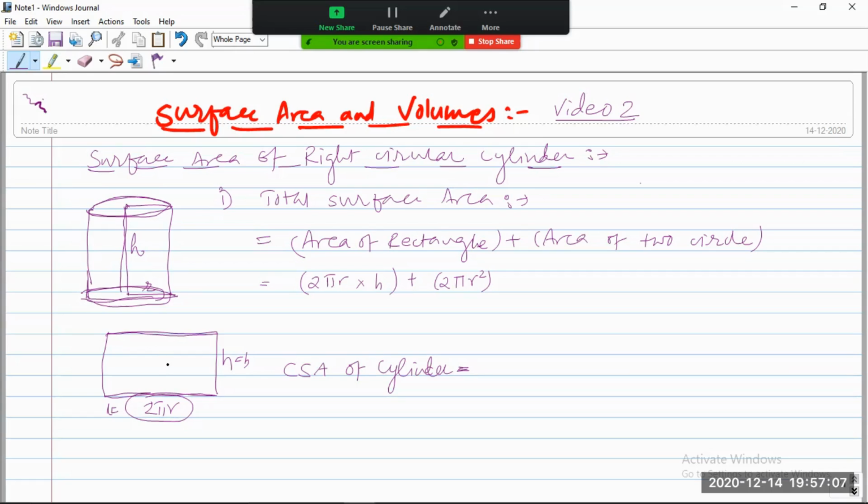But in this rectangle, what are the length and breadth? If we cut this cylinder at any vertical line, you will have a rectangular sheet like this.